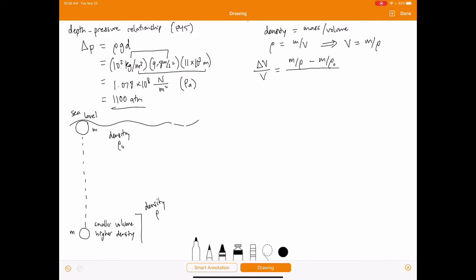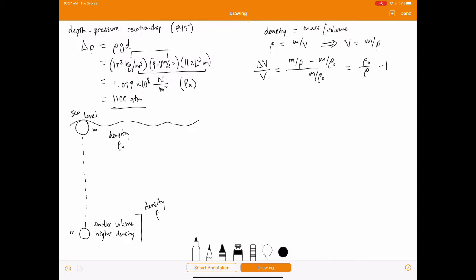And then we're dividing that by V, which is M over rho naught. So you can simplify this quite a bit. If you multiply on the top and bottom by rho naught over M, you're going to get rho naught divided by rho minus 1. That's how you can simplify this.